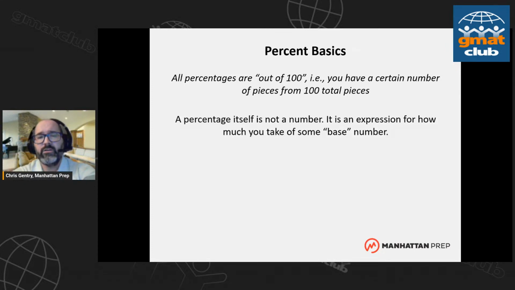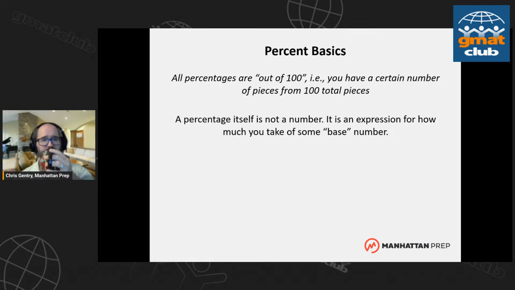An important recognition is that a percentage is not a number. This exists as an opportunity for us, but also a potential trap. Since a percentage is not a number, it's very common for us to see an opportunity to choose our own numbers and then apply the percentage mechanics to the small, simple numbers that we choose.